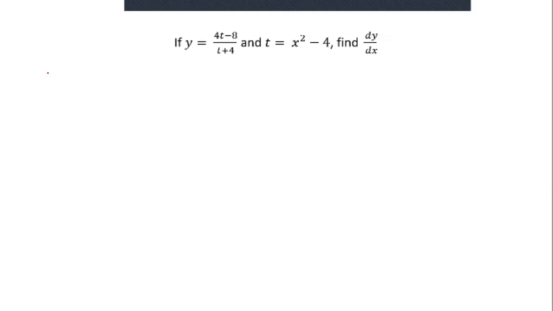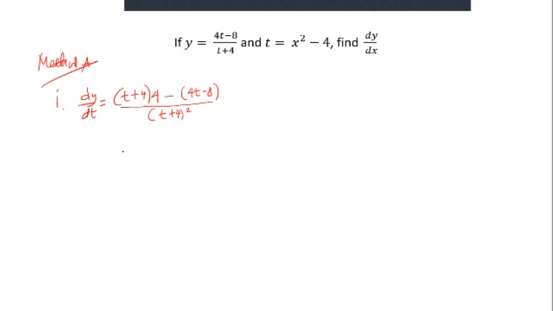Okay, so let's have the first method. First, we get the derivative of y with respect to t. Since we have (4t minus 8) over (t plus 4), we apply the derivative of a quotient. In the derivative of a quotient, we copy the denominator, t plus 4, times the derivative of 4t minus 8, which is 4, minus, copy the numerator, times the derivative of the denominator, t plus 4, which is 1, all over the square of the denominator.